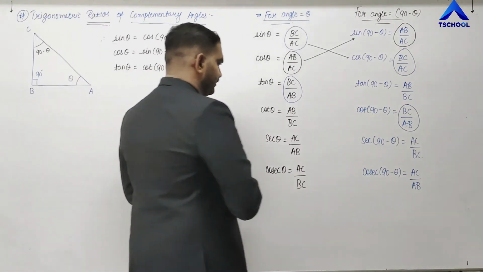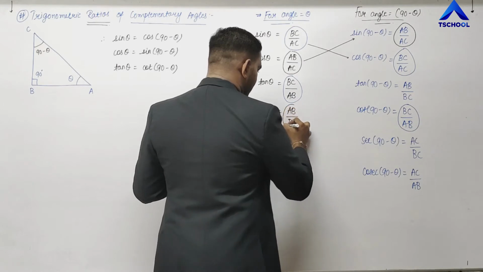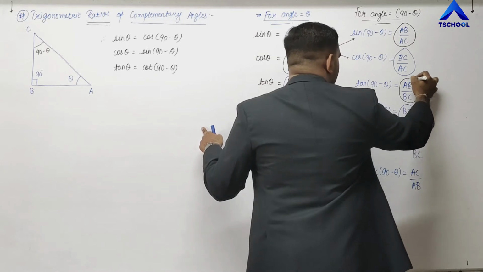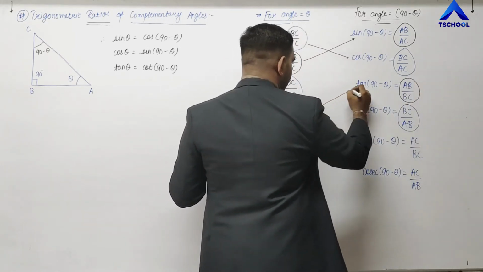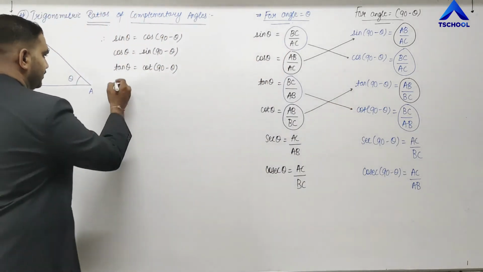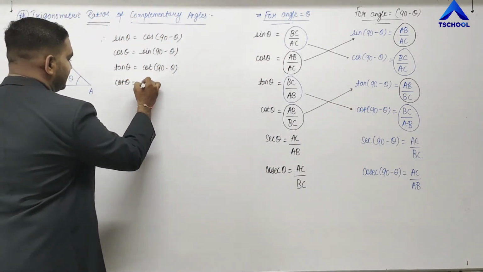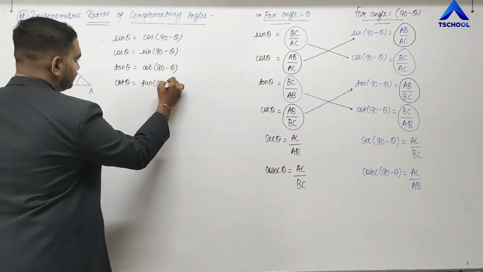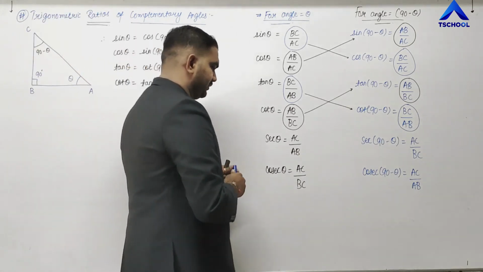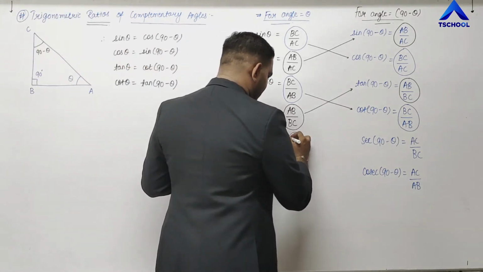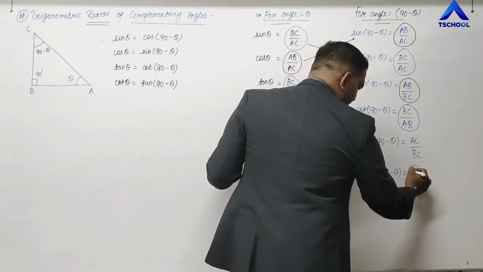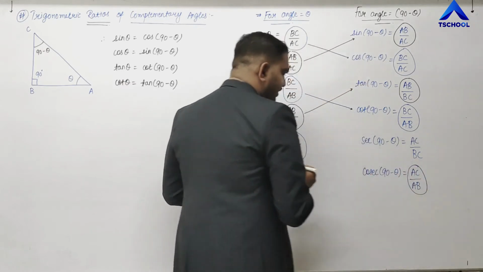And fourth one, that is cot theta, which is equals to AB upon BC. Here tan 90 minus theta is also equals to BC upon AB. So you can relate here again that cot theta is equals to tan 90 minus theta. Fifth one, sec theta is AC upon AB. Cosec 90 minus theta is also equals to AC upon AB.